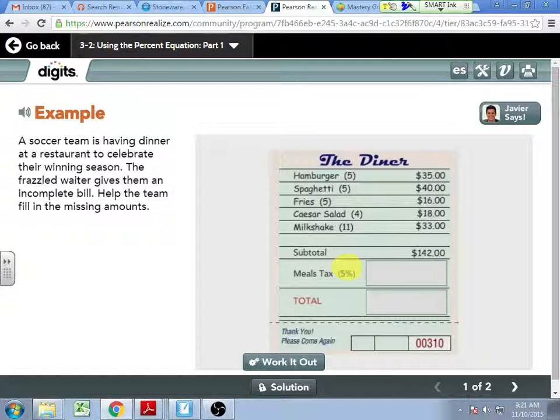So, if we want to figure out the tax amount for this meal, if we know that the tax rate is 5%, I want you on your paper to write tax equals percent times, actually, we're gonna say subtotal.